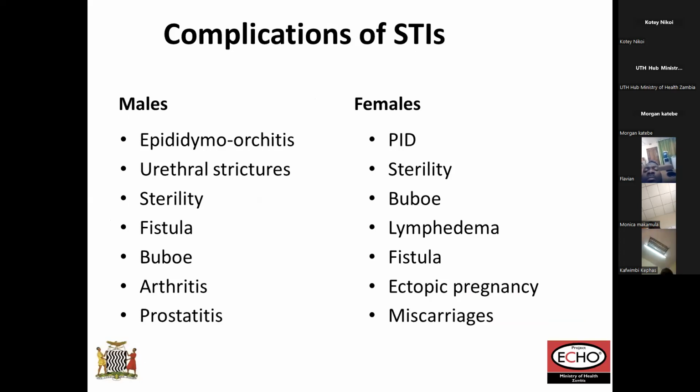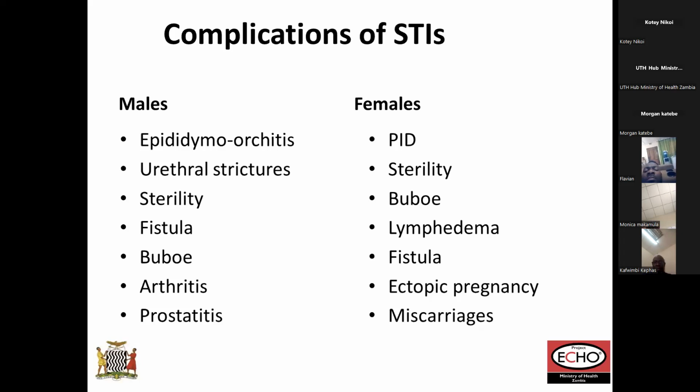Like in syphilis, these inguinal lymph nodes may be affected, or other types of STIs may also cause that. And there can also be an arthritis. For instance, chlamydia can cause Reiter's syndrome. Then the infection can also ascend to the prostate.